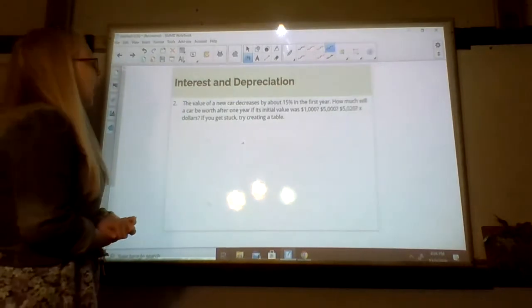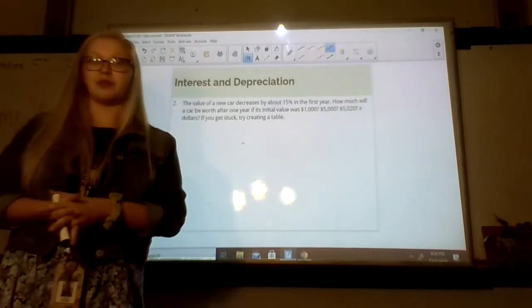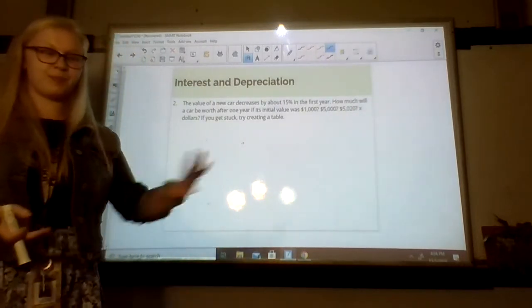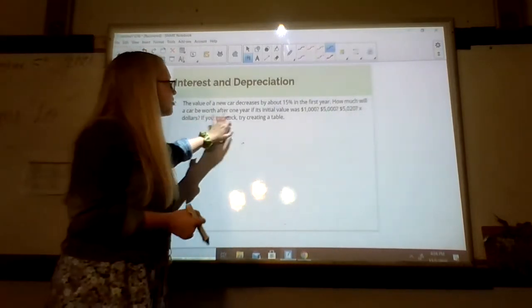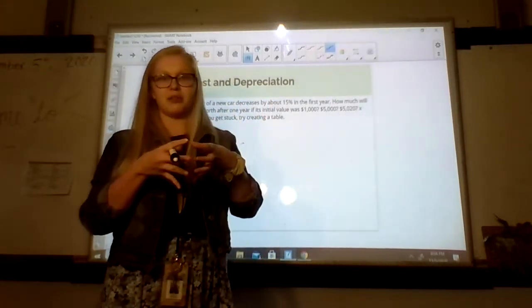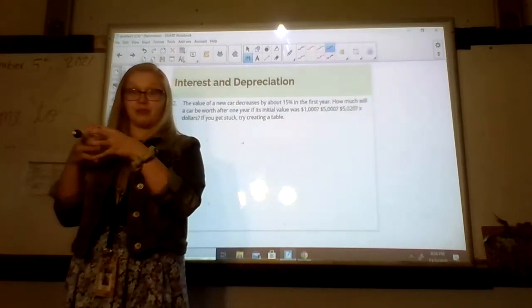So, if you get stuck, try creating a table. I'm actually going to create a table for this after you try it yourself. But let's talk about it a little bit more. So I'm decreasing by 15%. That means I'm taking my initial value, whatever it is, and subtracting 15% of it.